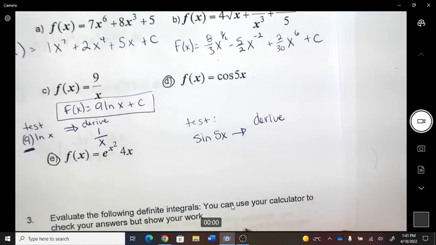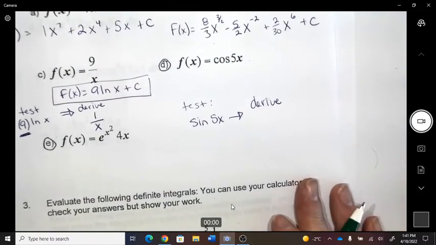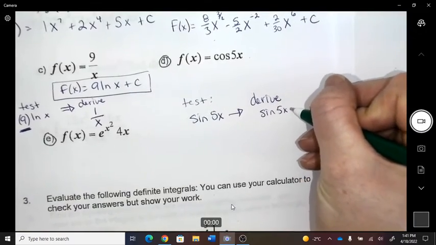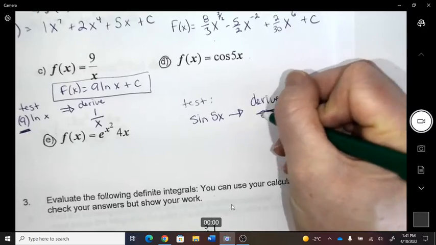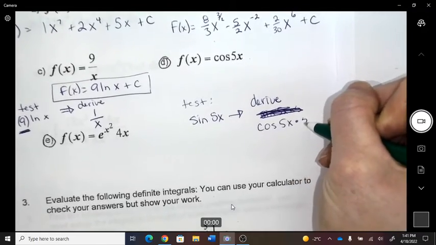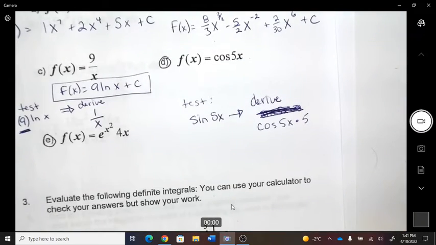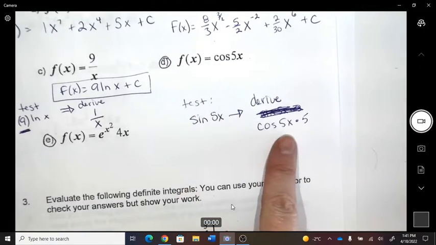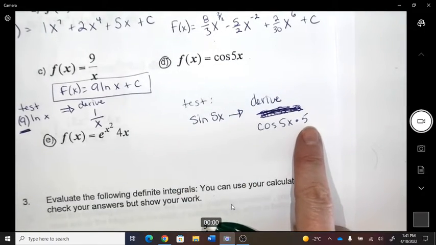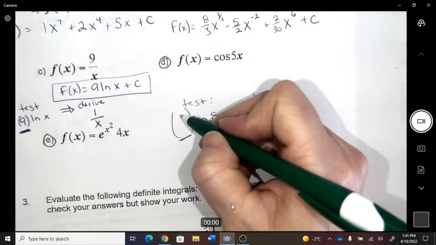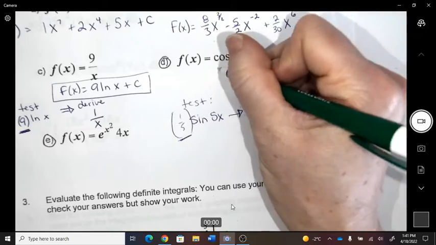Okay, so if I'm trying to derive that, it would be sine 5x times, oops, sorry, cos 5x times 5. This is not that, so I have to deactivate the 5 by putting a what in front? 1/5.